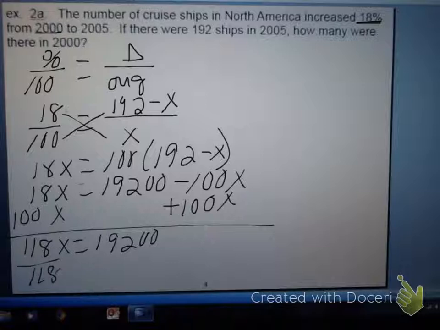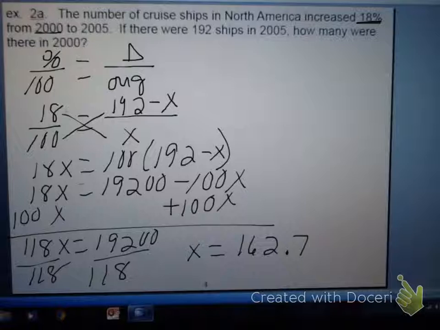Divide by 118. And we get x is 162.7 something. Now, in this case, it doesn't tell us what to round it to, but common sense, you can't have 0.7 of a ship.